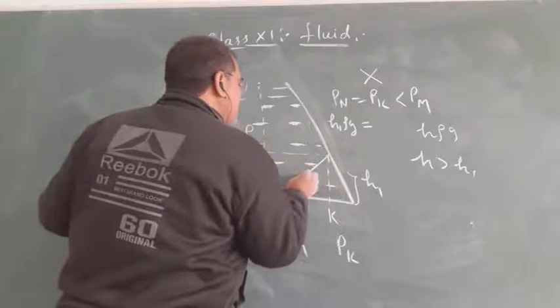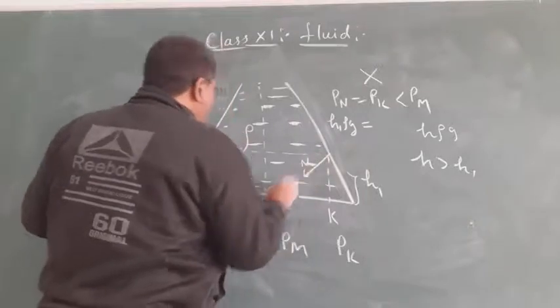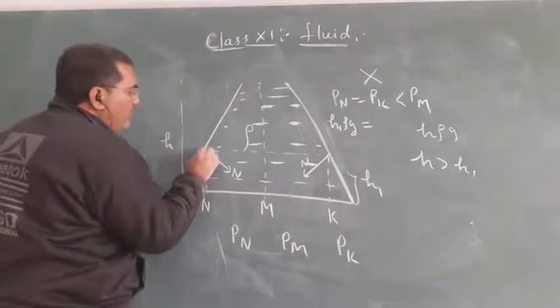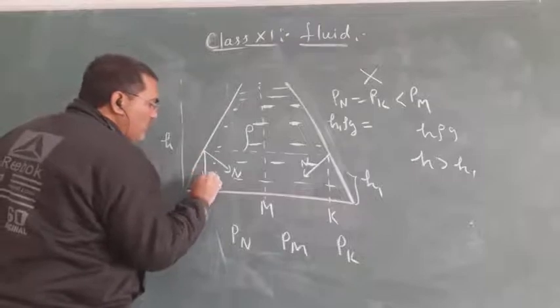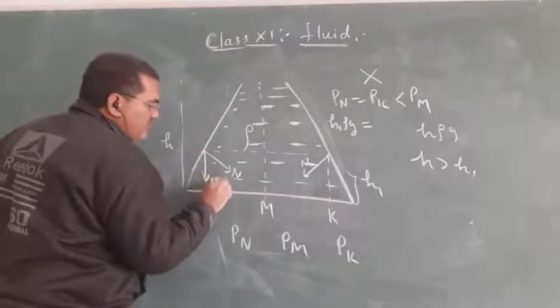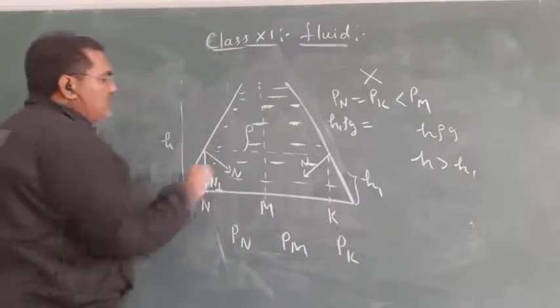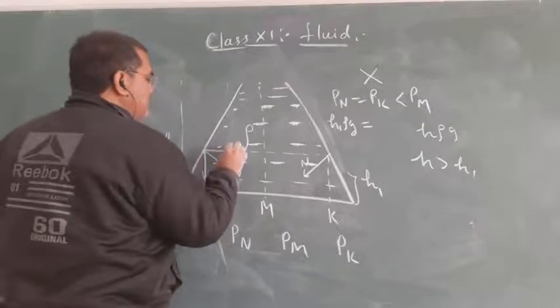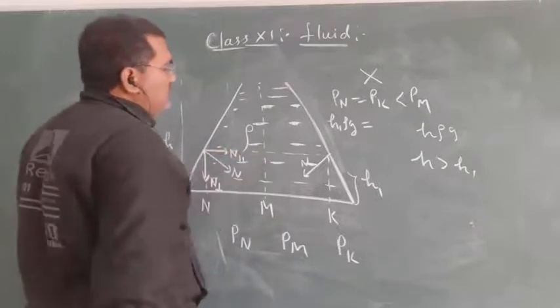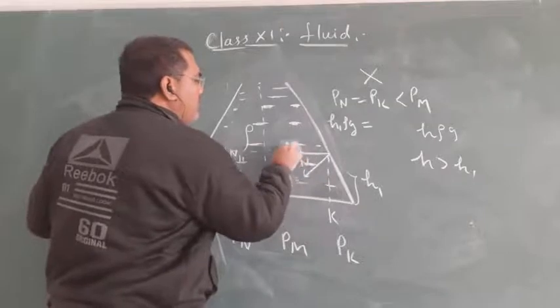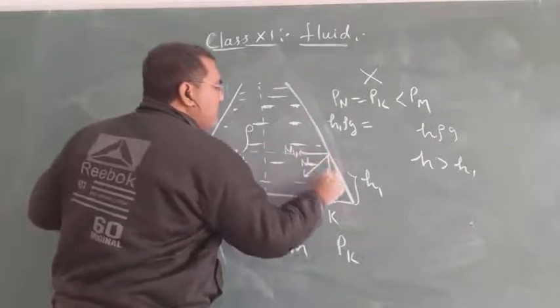Similarly, the normal reaction acts like that. So one component of the normal reaction is in the downward direction. Say N perpendicular, and this is N parallel. This is M parallel. This is M perpendicular.